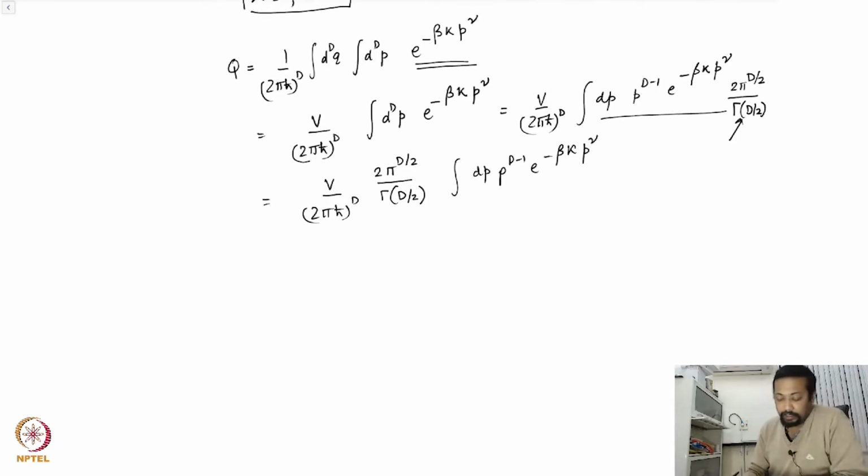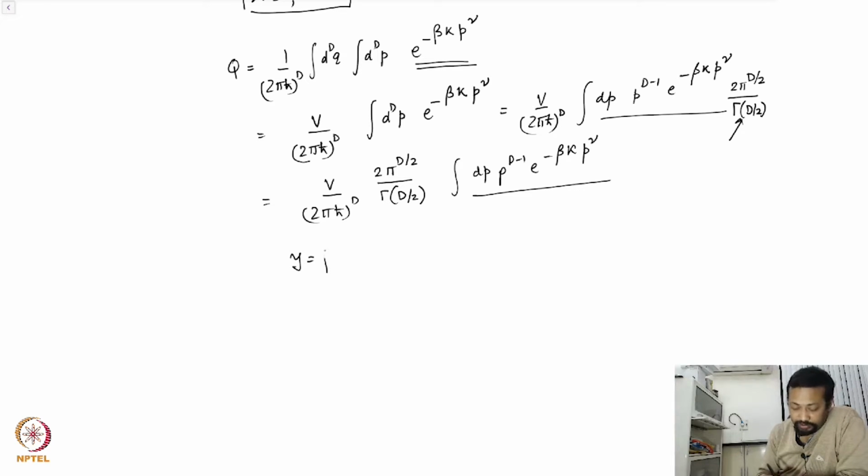Good. Once I have this, I now want to evaluate this integral, but for that let me substitute y as beta kappa p to the power nu, right? So that dy is beta kappa nu p to the power nu minus 1 dp, which is equal to nu times y dp over p.